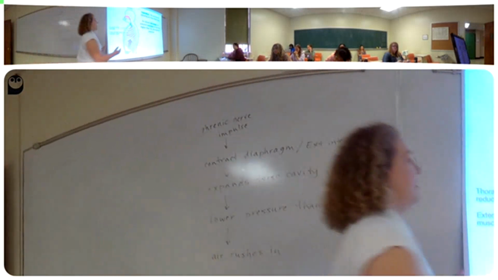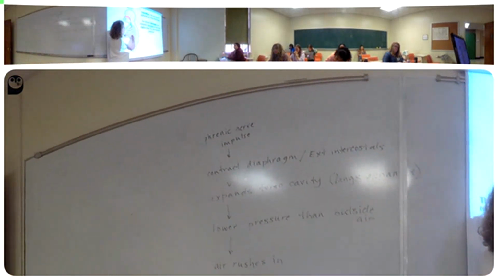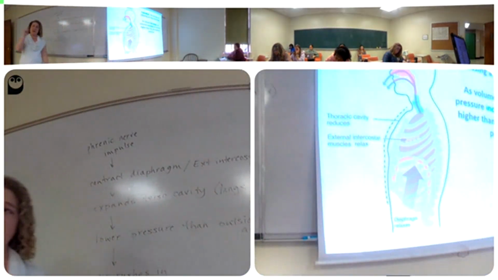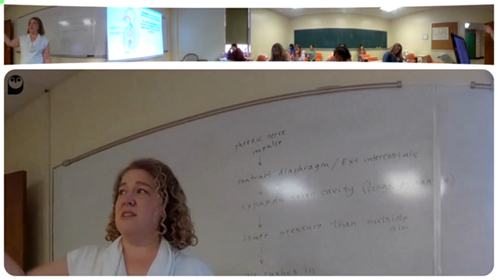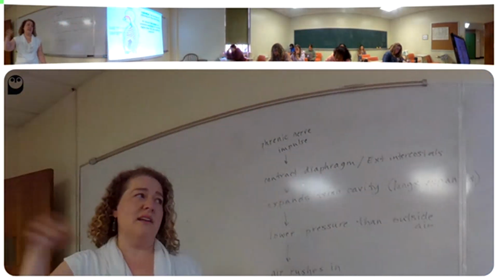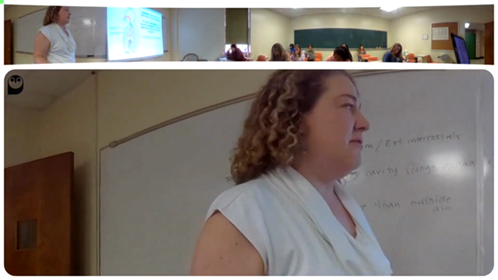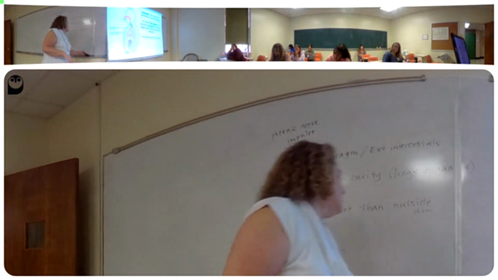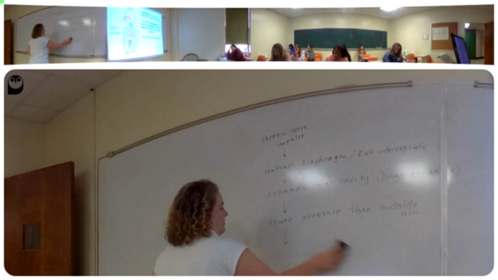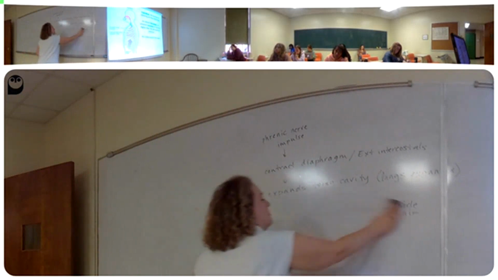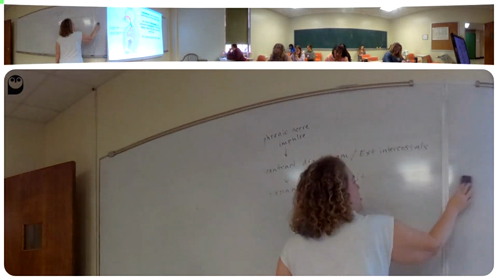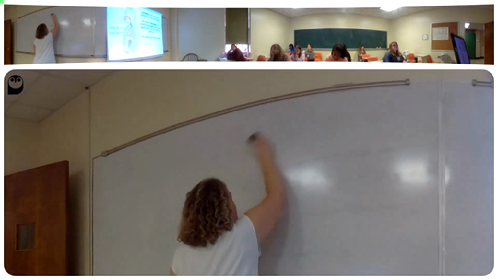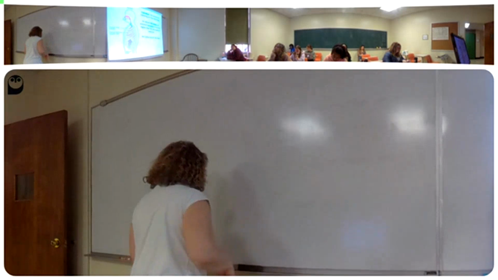But if you make the volume less, the pressure increases. And as soon as the pressure in the lungs increases to where it's higher than the room air or the outside air, air is going to rush out. Air will be rushing out just by making our torso cavity smaller again.